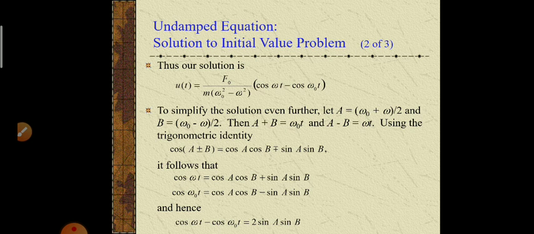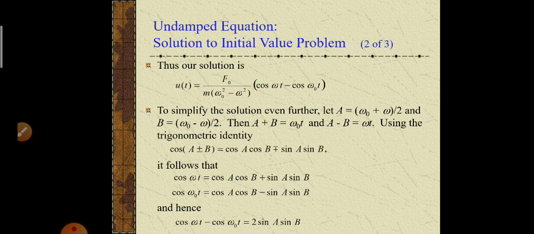To simplify this solution even further, let a is equal to omega 0 plus omega by 2 and b is equal to omega 0 minus omega by 2. Then a plus b is equal to omega 0 t and a minus b is omega t.